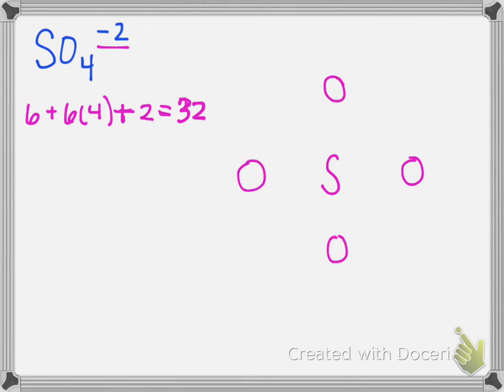All right, so there's our skeleton. We're going to bond 2, 4, 6, 8. So our rule is to fill the outer electrons first.